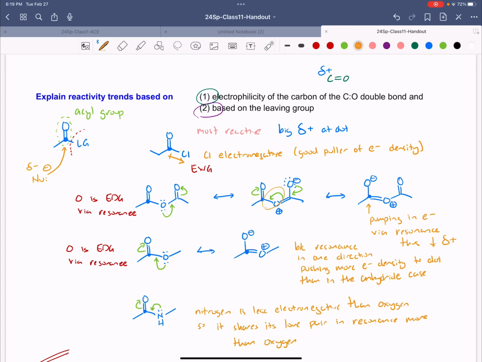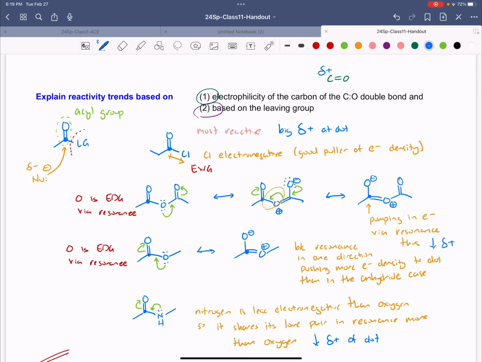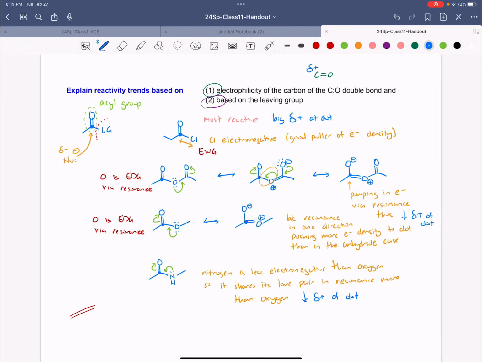By sharing those electrons, you are definitely, again, decreasing the partial positive charge of the dot. Okay. Let me do the color coding as well over here. And here, resonance, you're decreasing partial positive of the dot. Okay. Whew. All right, so that is using electrophilicity to describe the reactivity. Again, this is the most reactive, and this amide is the least reactive. Another way you could say least reactive is what? Most stable.